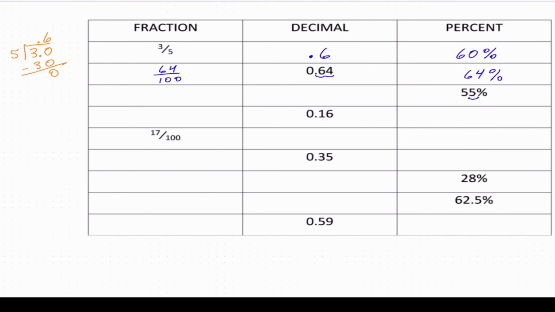We want to change that to a decimal, so we move it two places to the left, and that becomes 0.55. What is that as a fraction? It is 55 over 100. So you guys get the gist of this. That's how you convert. There are just simple tips to follow. You just have to memorize those, and that makes it a lot easier for you.